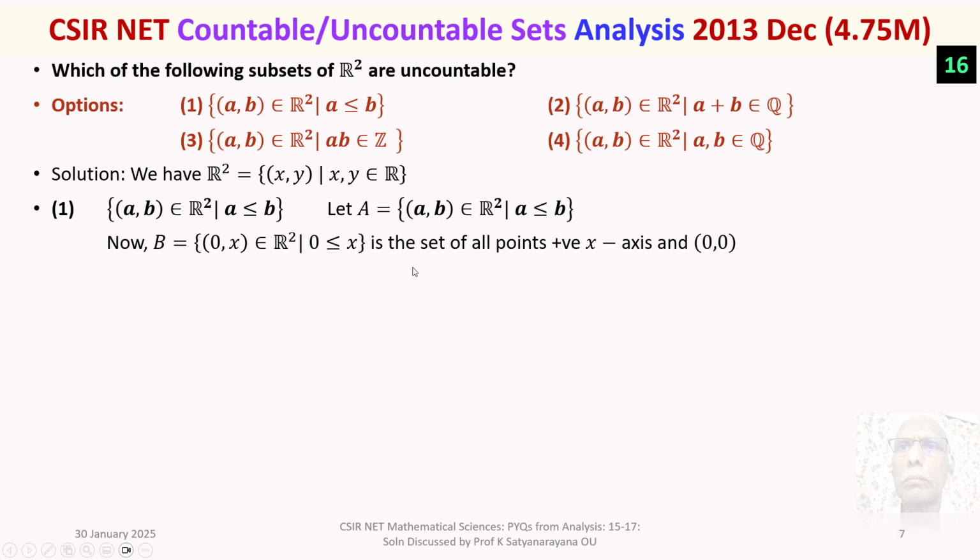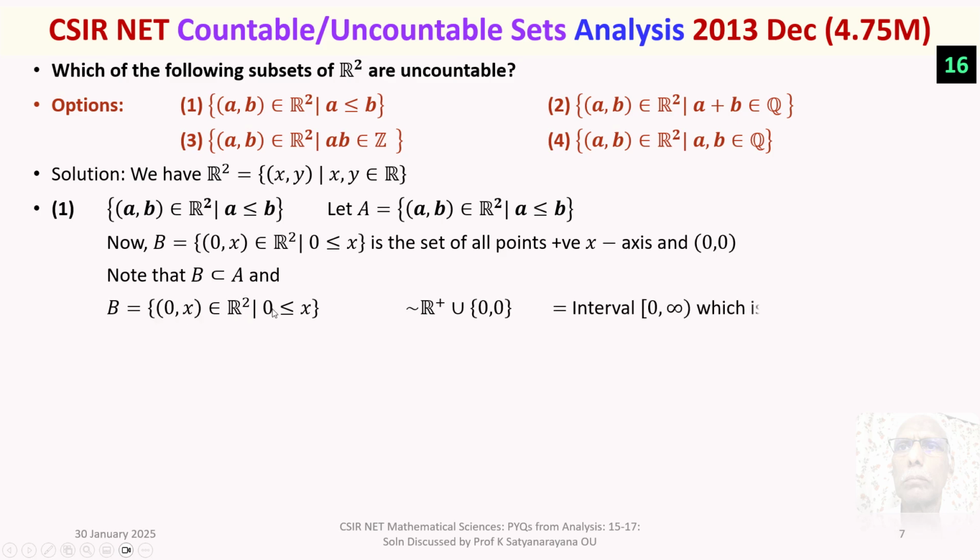It is the set of all points on the positive x-axis in R square union the 0. Note that B is a subset of A.